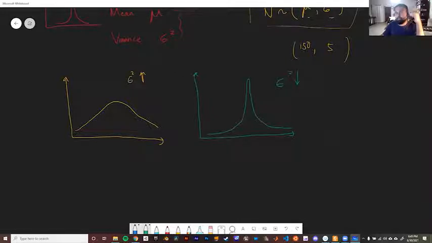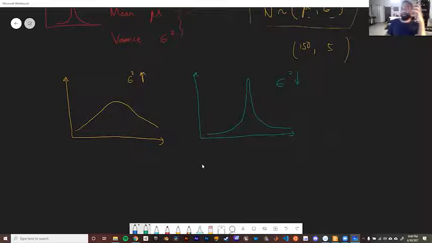How many of you think the green curve gives us more information than the yellow curve? We have 2 again. Everyone else has no. Okay, we have 3. How many of you have no idea? I hope everyone else is not dead or something. I can't see anyone responding. I hope you guys are listening and still with me, right?